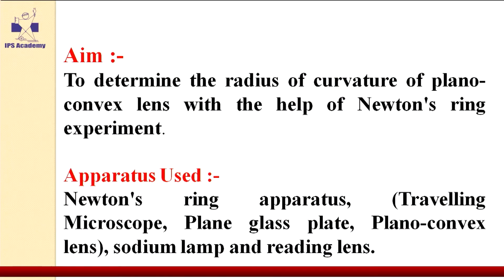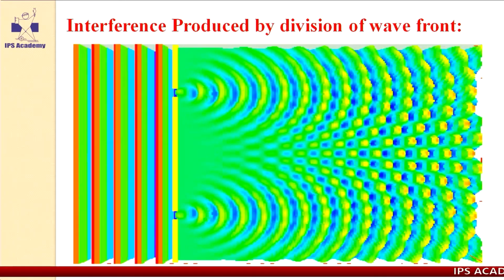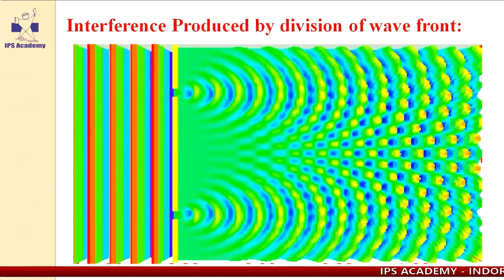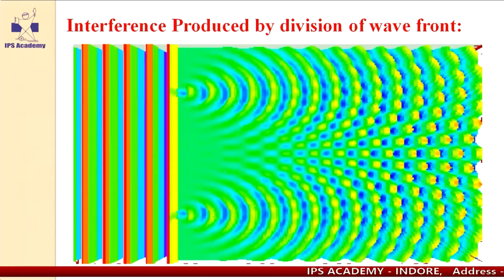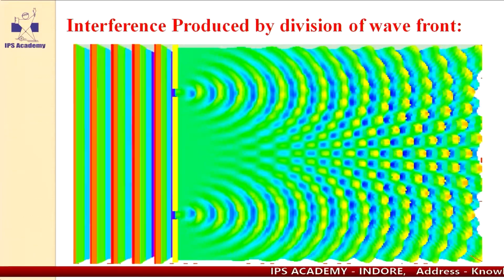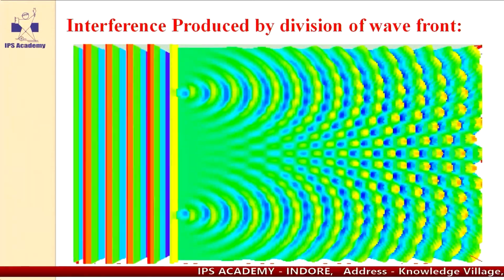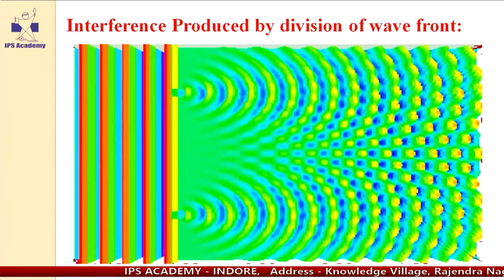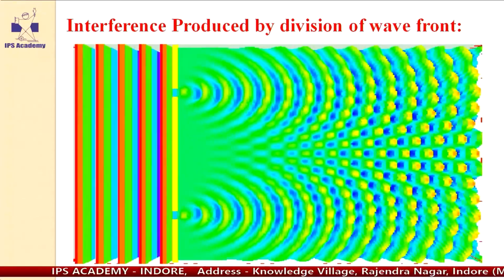So in the next slide I am going to show you the interference produced by division of wavefront. In this animation you can see there are two coherent sources and the light is coming and it is divided into two parts, and the wavefronts are divided because of these two sources, and further as the light moves they will superpose with each other, and on the screen you can observe the constructive and destructive interference, or we can say dark and bright fringes.